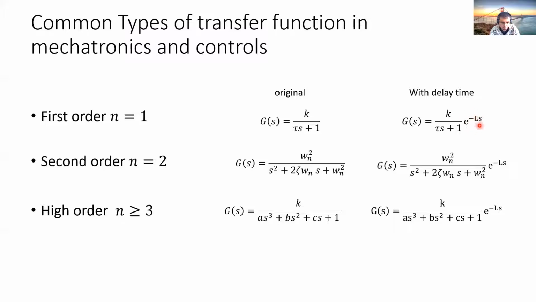This delay is really important and is challenging to eliminate, especially in really complex systems. Therefore, we should take it with care. But during the course, we're going to learn some strategies to deal with this delay.